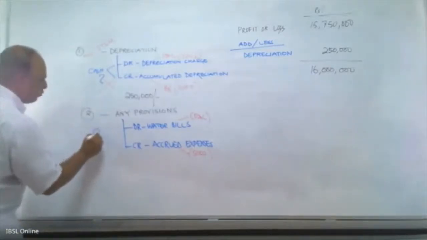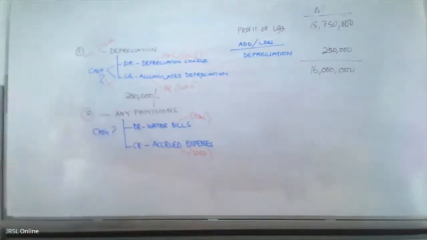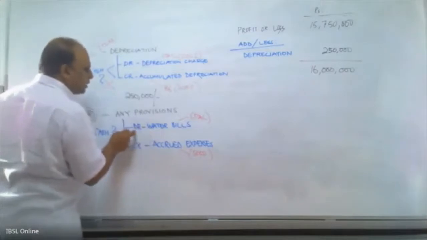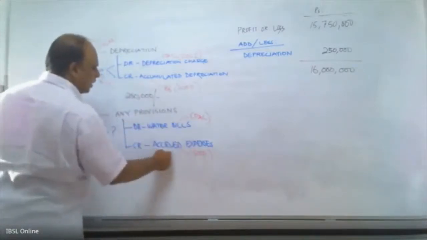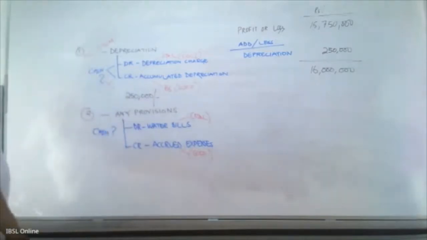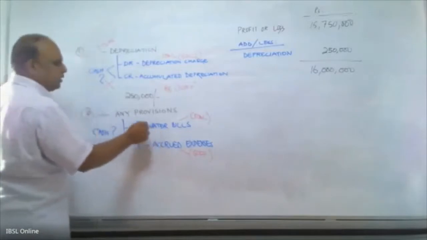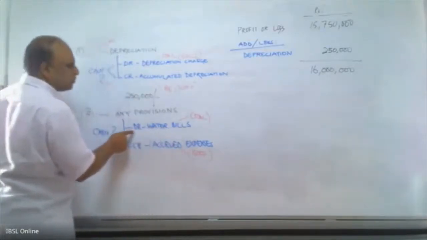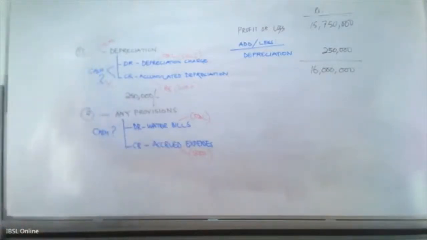Is there an involvement of cash? I am debiting a P&L account known as water bills, crediting an accrued expense account in the balance sheet. Ideally, if I had paid the water bill, I would have still debited this. But what would be my credit? Cash account.